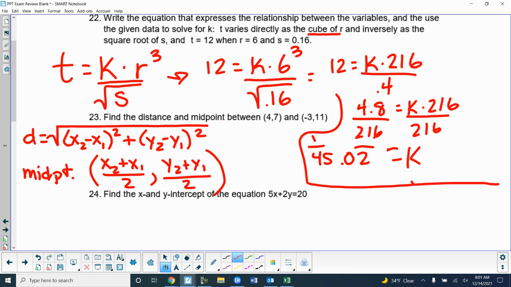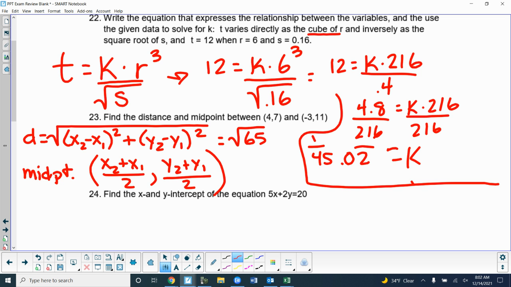And when you plug your numbers in, what do you guys get for distance? Square root of what? Anybody? Nobody has it? I thought some of you had it yesterday when you brought it to me. 65, right? 8.1 is the decimal.